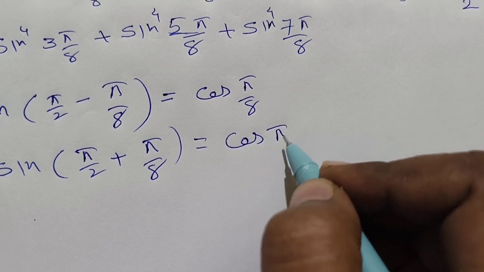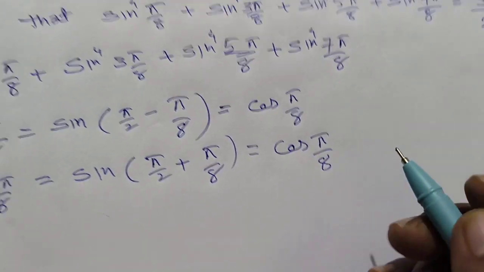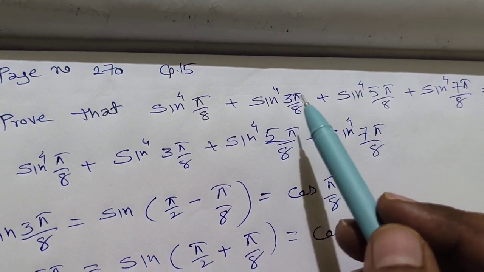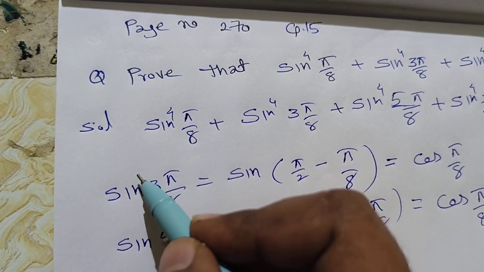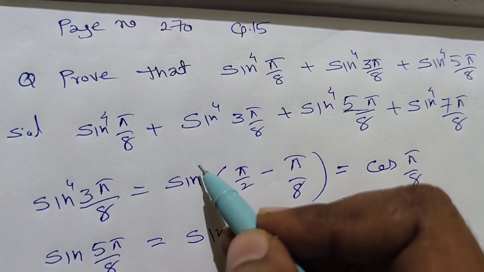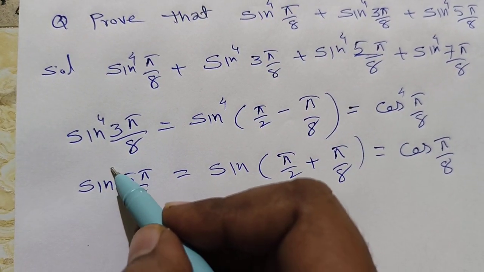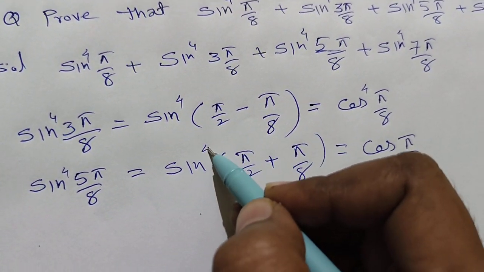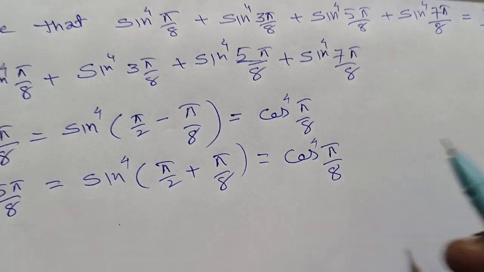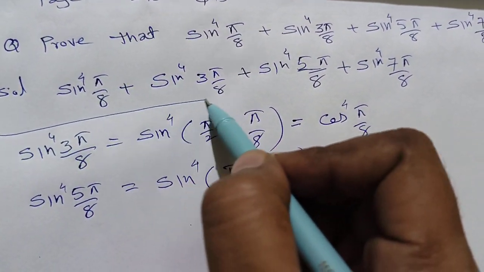So here we will write cos(π/8). In the question, the whole power of 4 is given, so we can write the whole power of 4 here also: sin⁴, cos⁴.